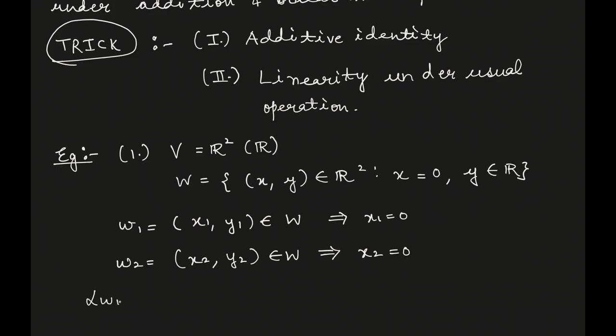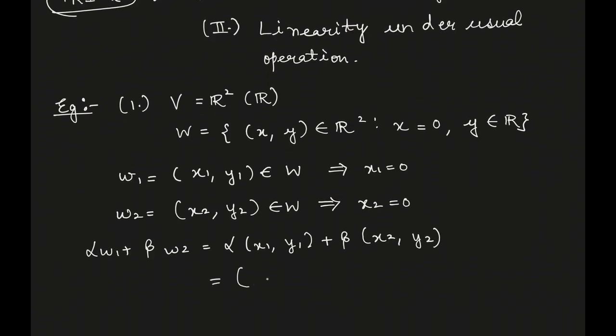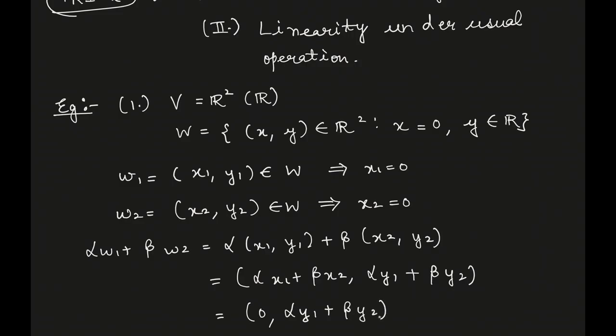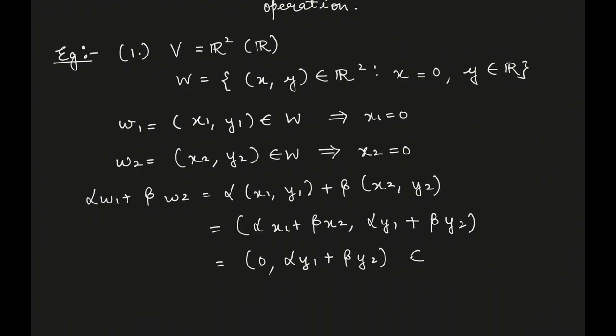So alpha W1 plus beta W2 will be alpha (x1, y1) plus beta (x2, y2). This will be (alpha x1 plus beta x2, alpha y1 plus beta y2). x1 is 0, x2 is also 0. So this will be (0, alpha y1 plus beta y2). This clearly belongs to W.